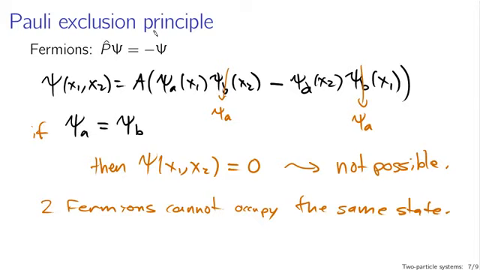So if it's not going to change your wave function, and yet it is going to change your wave function by giving it a minus sign, you've got a problem. Two fermions cannot occupy the same quantum mechanical state as a result, and this comes just from the nature of indistinguishable particles: the antisymmetric combination to render two otherwise distinguishable particles indistinguishable means that those two particles cannot occupy the same state.